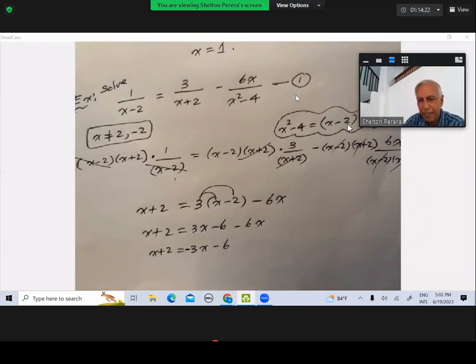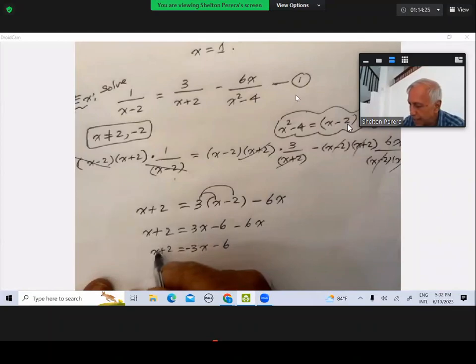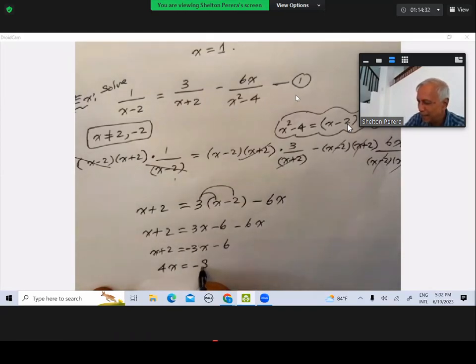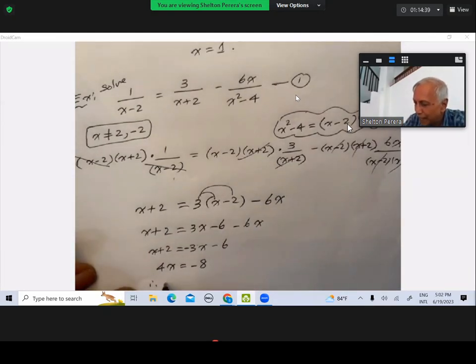So what will happen now? Take this minus 3x to this side. It will make it 4x. Shall I do it straight away? Take this 2 to the other side. It becomes minus 8. 4x equals minus 8. Therefore, x is equal to minus 8 over 4, which is minus 2.